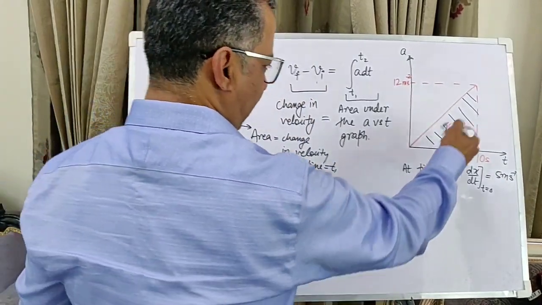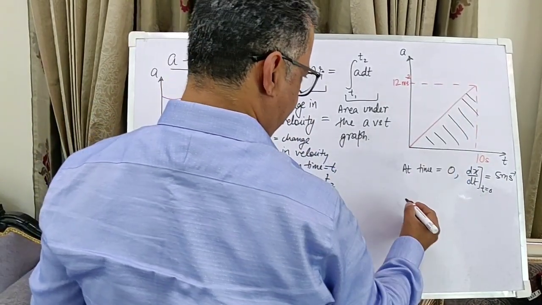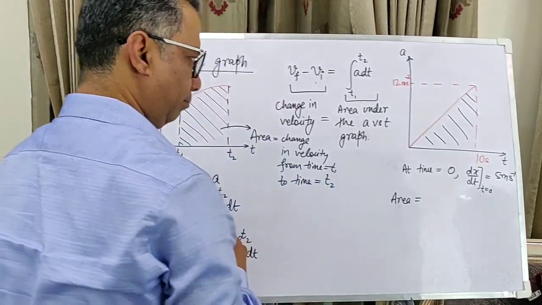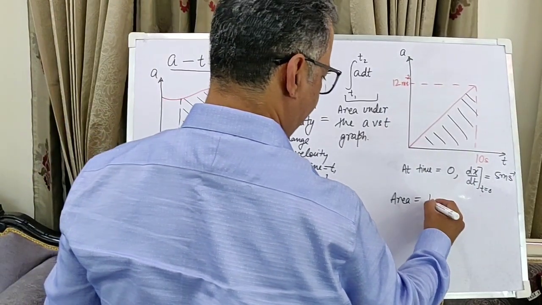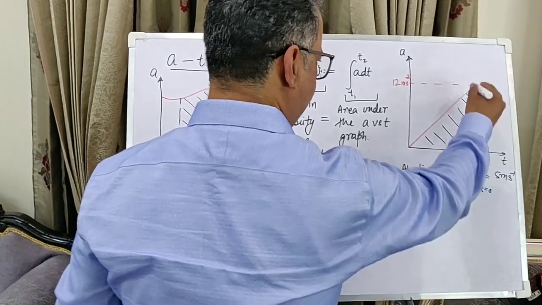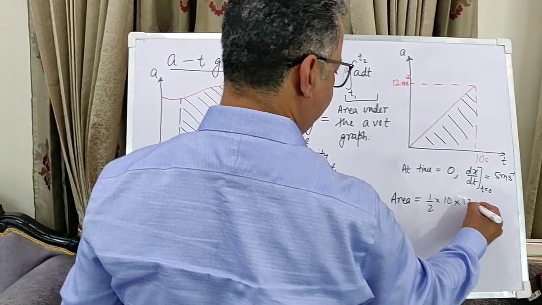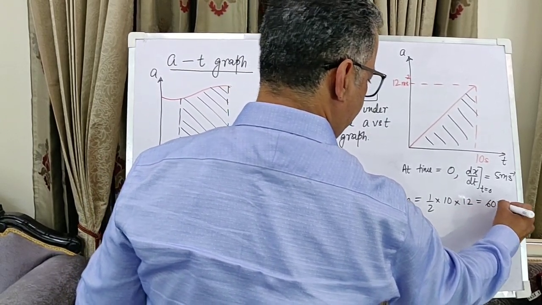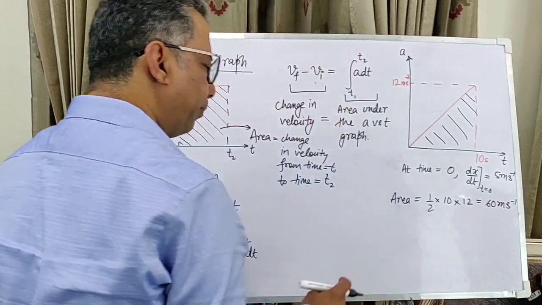And so let's calculate the area under the graph. That area is half into the base 10 into the height of the triangle, that's 12, and that's 60 meter per second. That's the area.